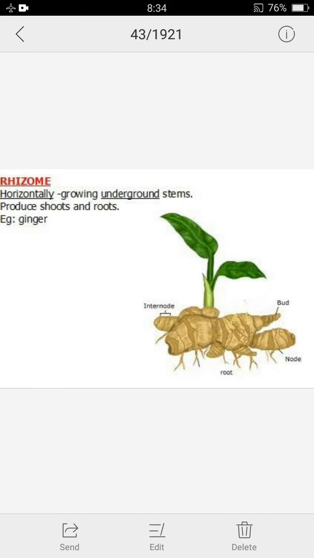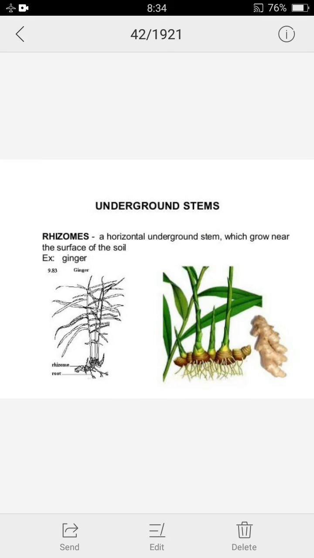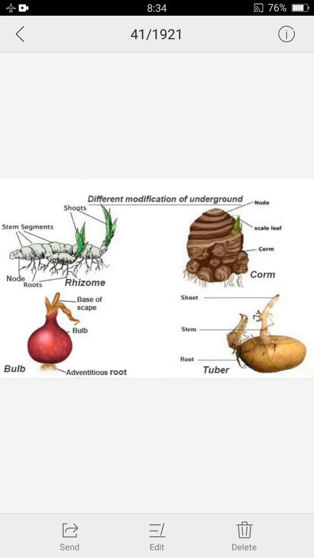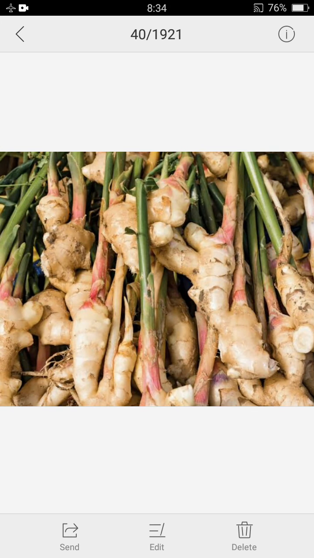These are generally called rhizomes. This is an important characteristic in plants like potato, ginger and turmeric.